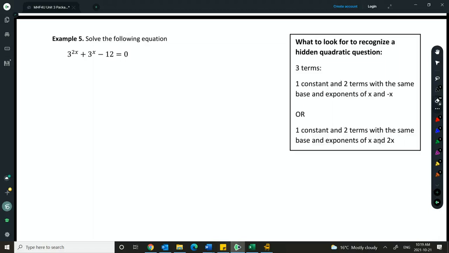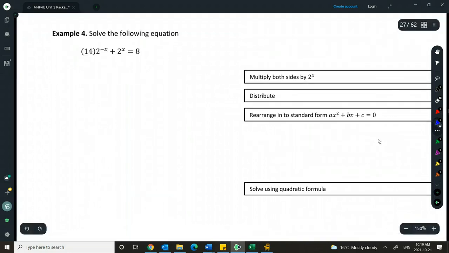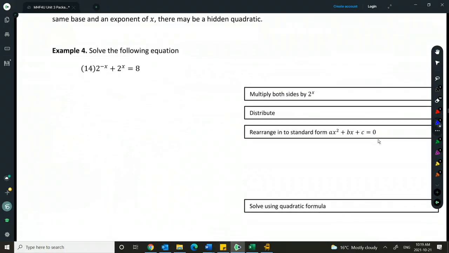They might be all on one side, like this one, or some on one side, some on the other side. And you will also notice one of 2 things. You will notice a common base with exponents of either 2x and x, or you will notice something like in example 4 where you still have a common base, so this one is 2 and 2, but instead of exponents of 2x and x, you have exponents of negative x and positive x.